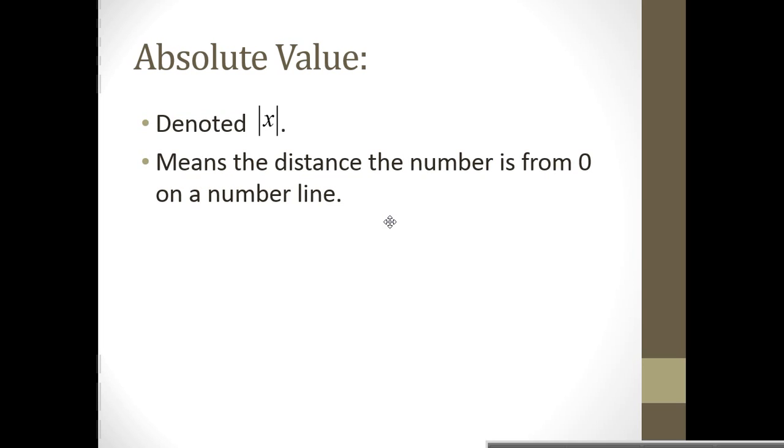So the absolute value of 3 is going to be 3. What this means is 3 is 3 from 0 on the number line.